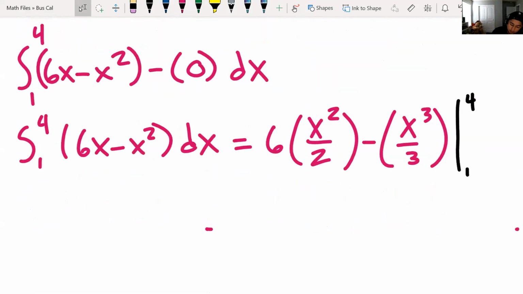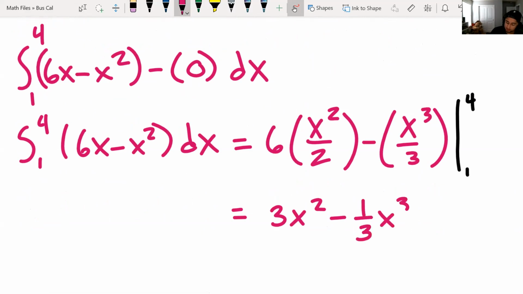Still got room to play with. Perfect. Which means that, cleaning this up, this becomes 3x squared minus 1/3 x cubed from 1 to 4.